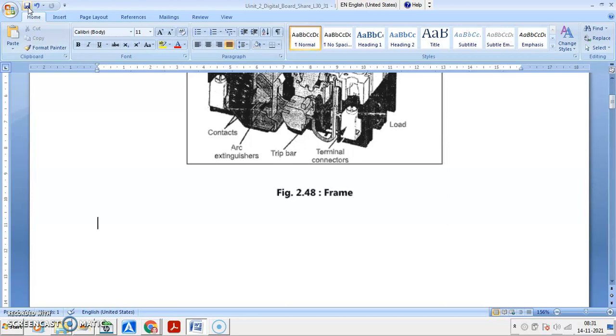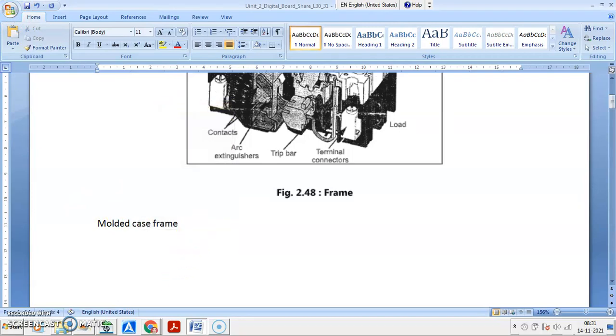You are having 5 parts, in which you are having the molded case frame, because it is known as molded case circuit breaker. What is the use of the frame? Molded case frame.